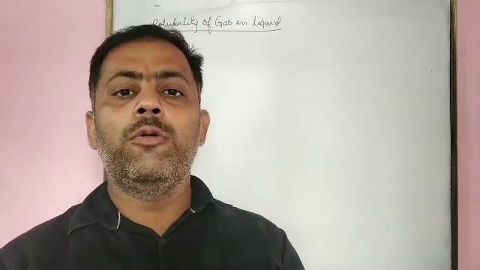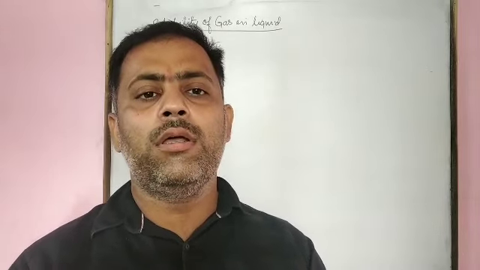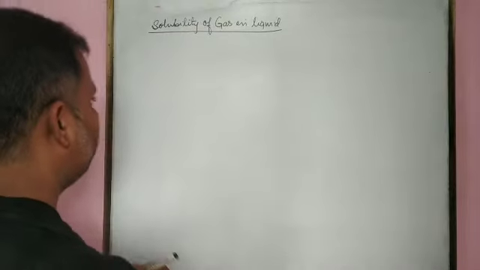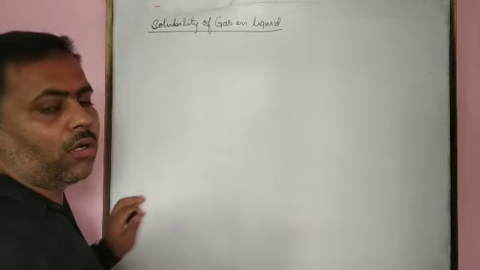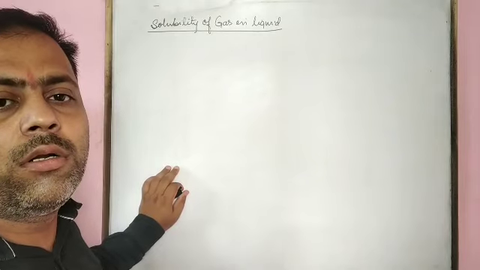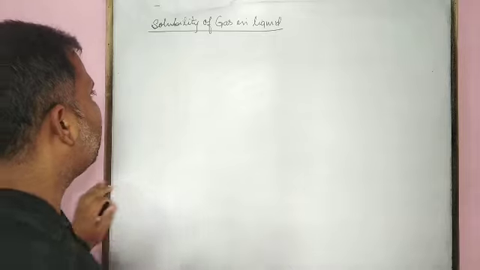We'll know how pressure affects the solubility of a gas in a liquid. Let us know the effect of pressure on the solubility of gas in a liquid by taking one example.